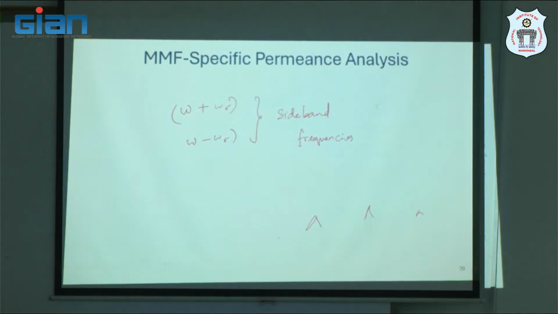So mixed eccentricity fault in motor current signature analysis is typically diagnosed by looking for these plus and minus omega r terms around the fundamental frequency, the sideband frequencies. So the moral or the summary of this long exercise is, if we have to carry out current signature analysis to diagnose mixed eccentricity, we have to do the current spectrum or frequency spectrum and look around the 50 Hz fundamental frequency.